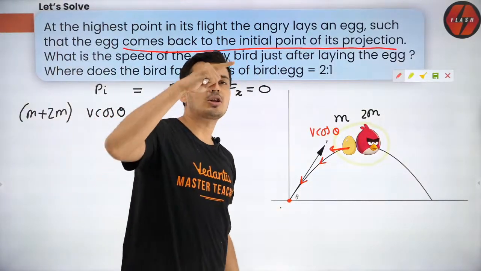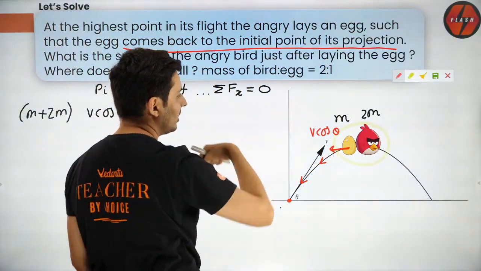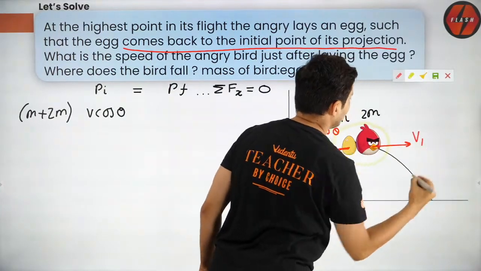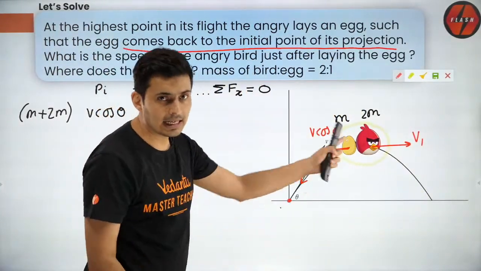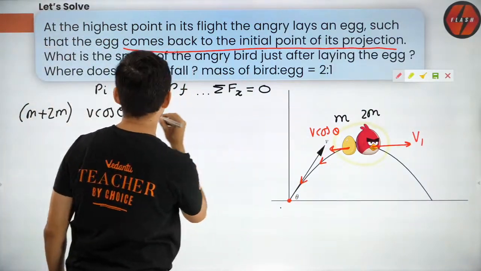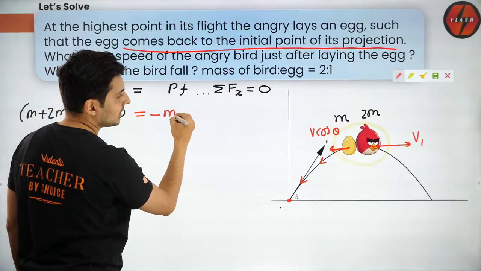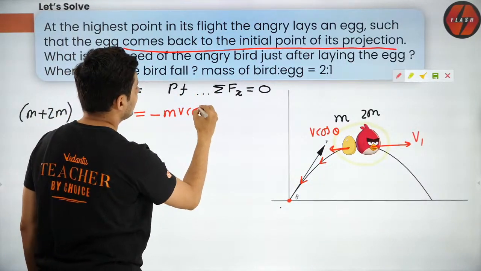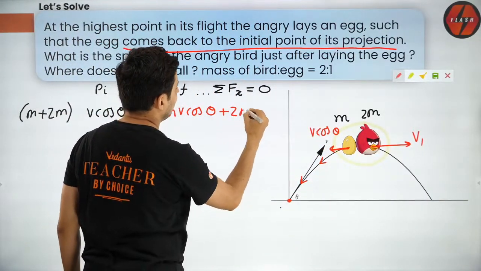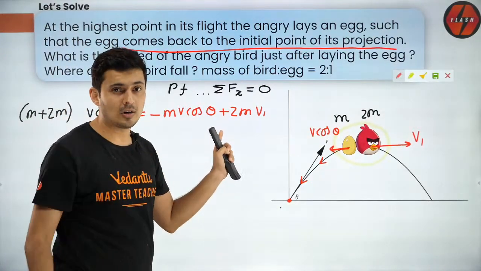So when it reaches the top, it had v cos theta, just reverse it, and it will come back to the same point. Now this angry bird will have some new velocity, I call it v1, correct? So what is the final momentum after that explosion that has happened? Well, the egg's momentum will be minus m into v cos theta, and the angry bird's momentum will be 2m into v1. Notice the signs, because they are vectors, you have to put plus or minus accordingly.